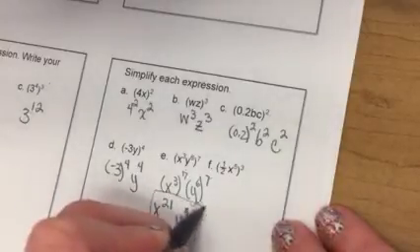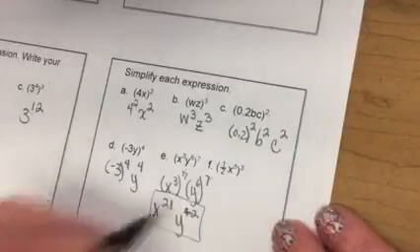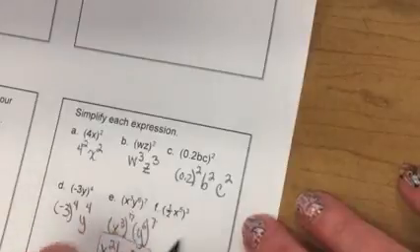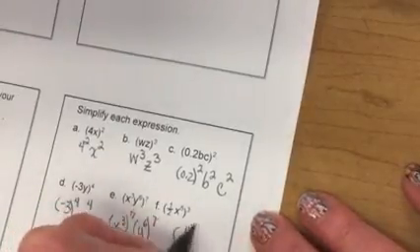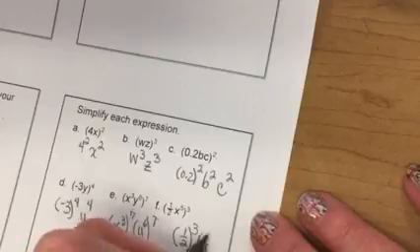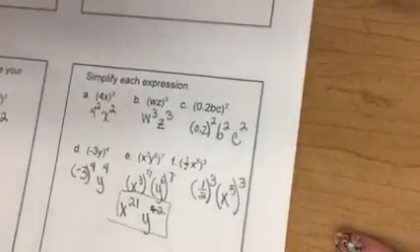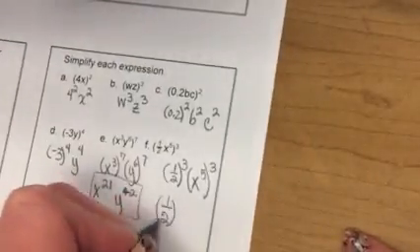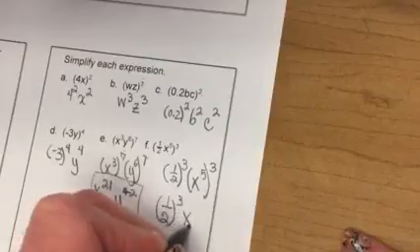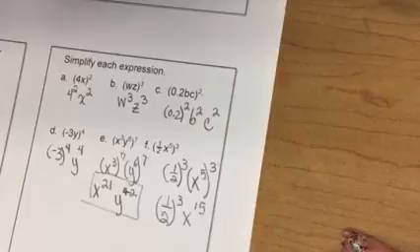And then that would be my answer. Letter F, 1/2 to the 3rd, x to the 5th to the 3rd, 1/2 to the 3rd, x to the 15th.